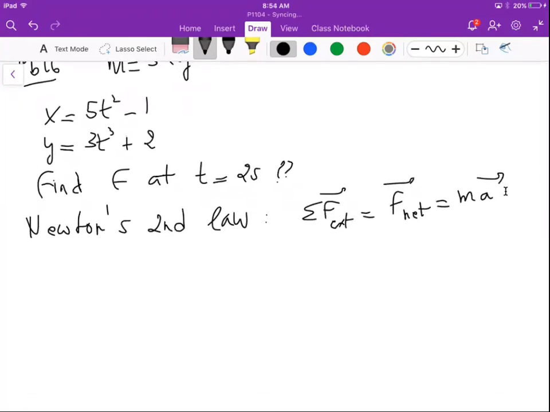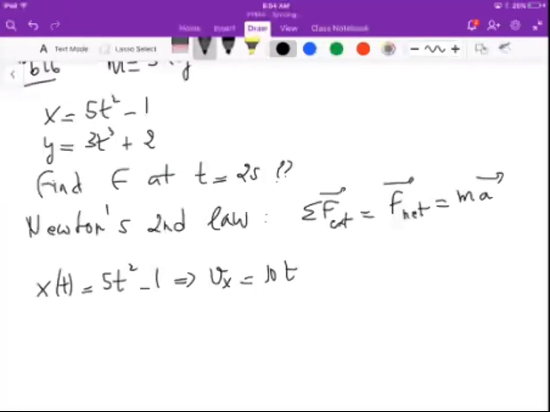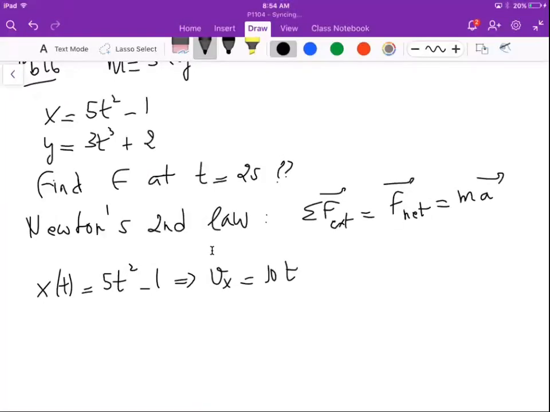So let's start. We know that x as a function of time is given by 5t squared minus 1. So from here we can deduce that the x component of the velocity is the derivative of x with respect to time, so it's equal to 10t. The derivative of 1 is equal to 0.